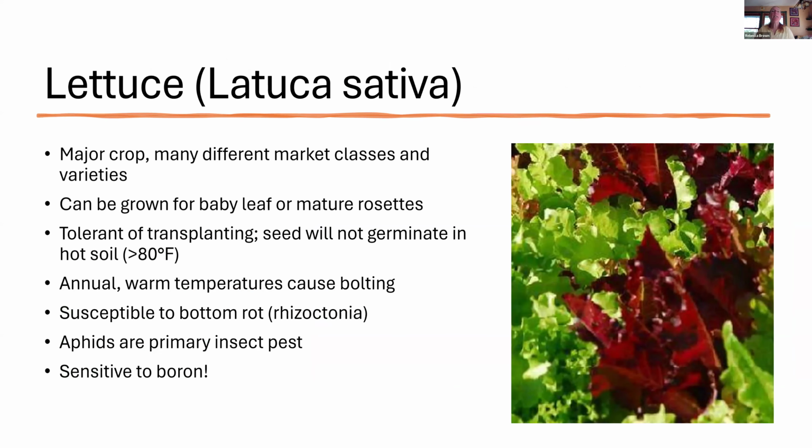Okay, so lettuce or Lactuca sativa is the most common aster family crop. It is, of course, a very major crop. There are many, many different market classes and varieties of lettuce. Unlike the Brassicaceae, lettuce is self-pollinated.